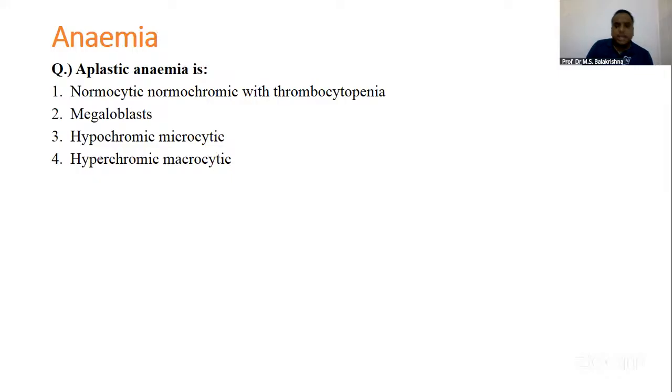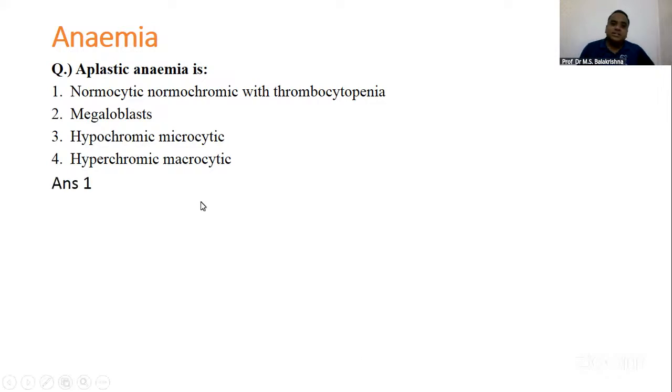Next question, aplastic anemia. So this is directly taken from the morphological classification what I have discussed. In aplastic anemia, there is normocytic, normochromic with thrombocytopenia, megaloblast, hypochromic, microcytic, hyperchromic, microcytic. So in aplastic anemia, it's not proper.